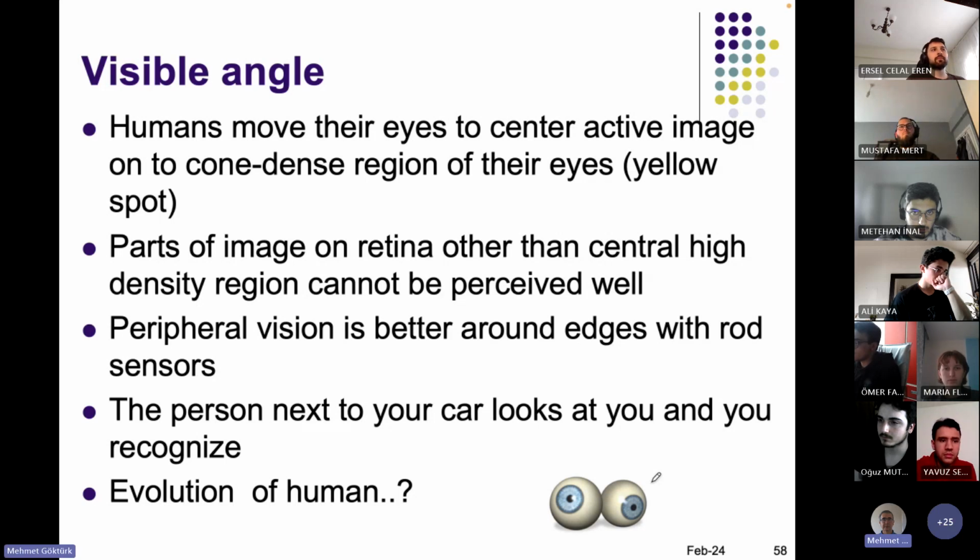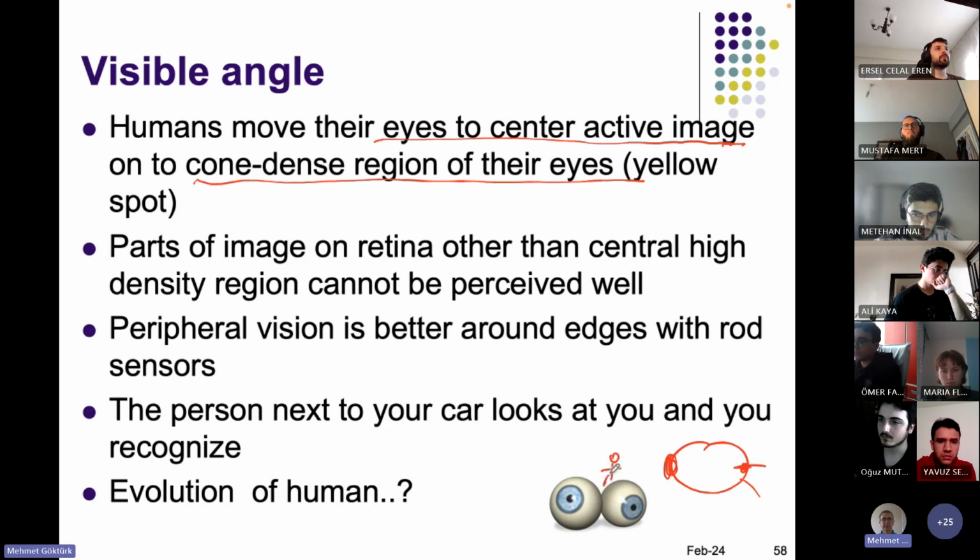So now we are back to visible angle. That's Mustafa Mert's project, I think, right? We move our eyes to center active image on the condensed region of the eyes. Since our eyes have, this is front, this is back, has vision here.